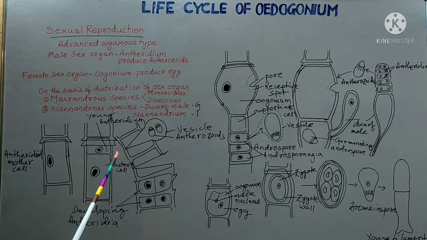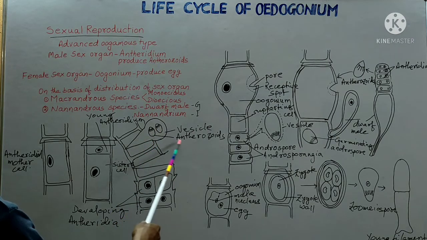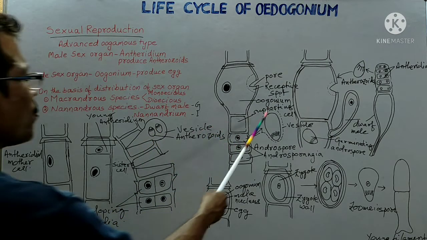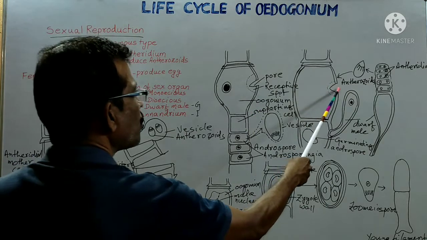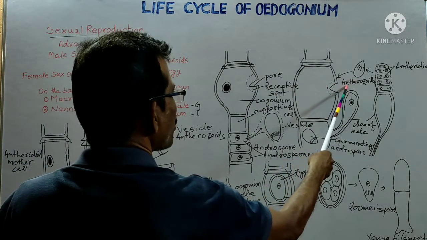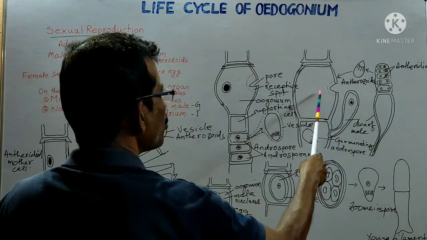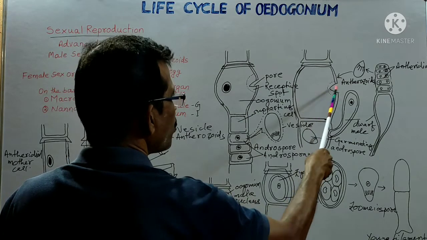Next is fertilization. The process of fertilization occurs between male gamete and female gamete. Here you see the male gametes are released to the outside. They move closer to the oogonium and the antherozoids enter into the oogonium through the slit or pore.